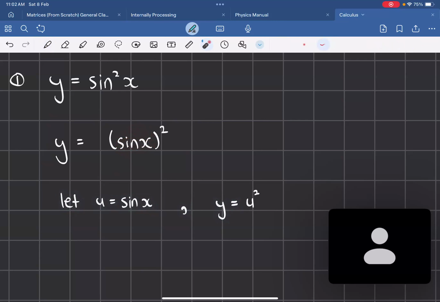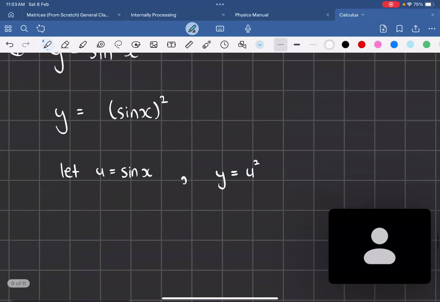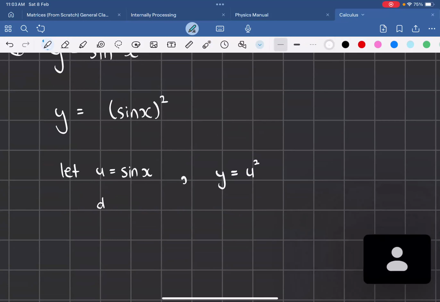Cool. And could I differentiate sine x and u squared? Yeah. Mission accomplished. You could differentiate both of them. So if I differentiate this, how am I going to write the symbol for that? I'm differentiating what with respect to what here? You're differentiating u with respect to x.